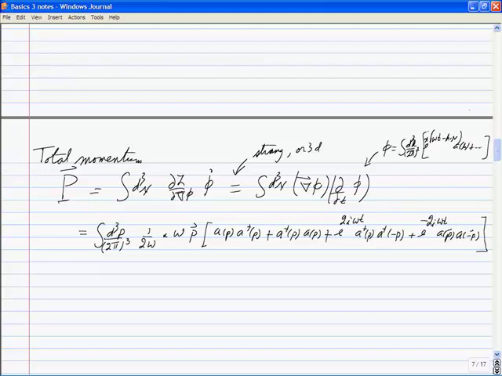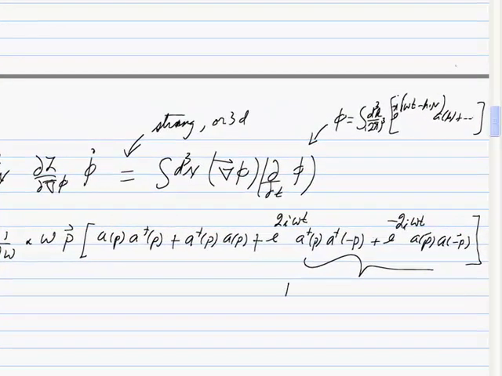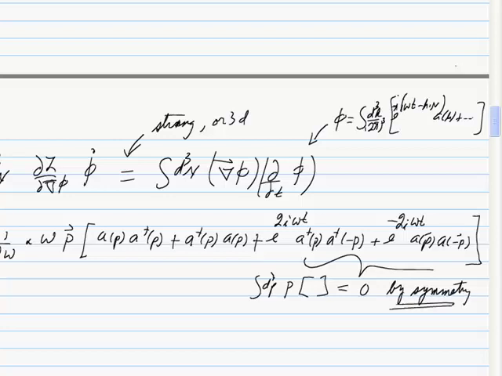Those omegas cancel, but that p is odd under p goes to minus p. So the integration over the whole thing disappears. These terms disappear by symmetry: the p times these guys integrated over d3p is 0, by the symmetry of p goes to minus p.